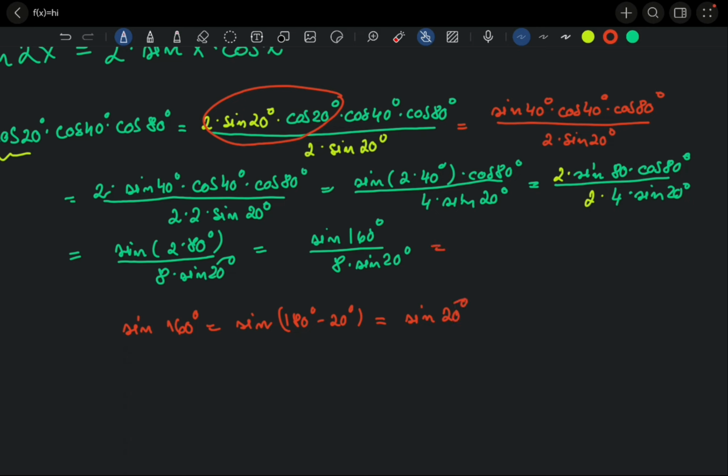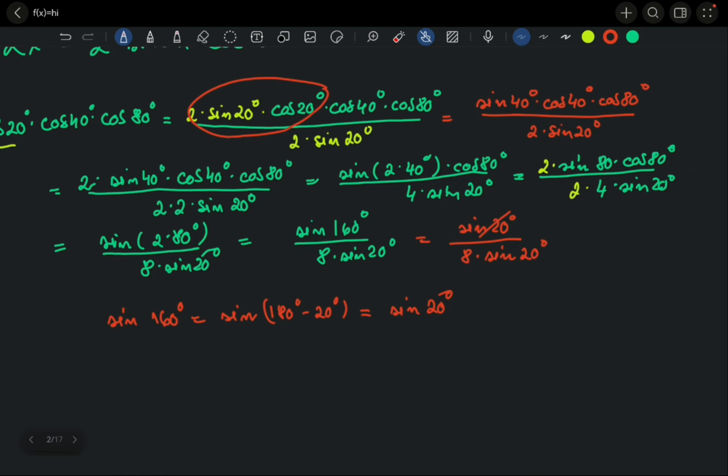By substituting this in our initial expression, we get that our initial product will be equal to sine of 20 all over 8 times sine of 20 degrees. They cancel each other out, and we are left with 1 over 8, which is our final answer.